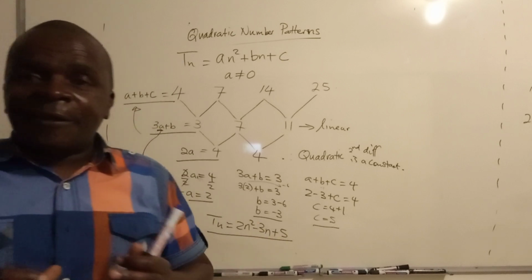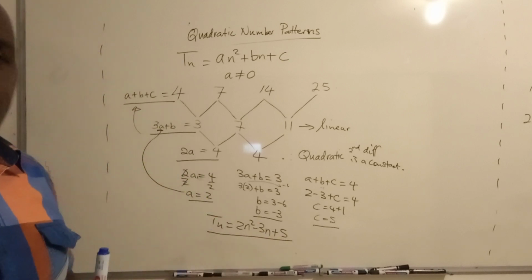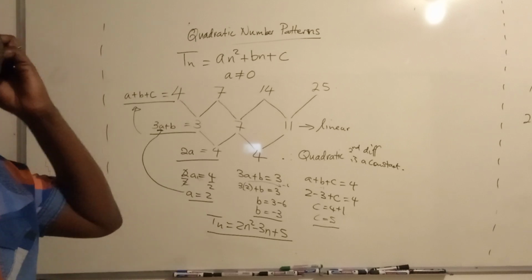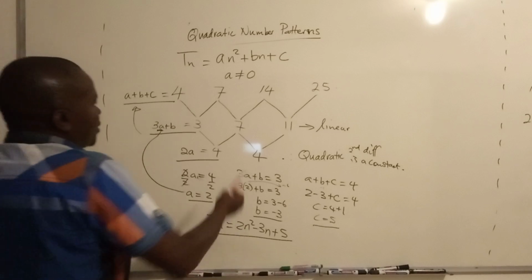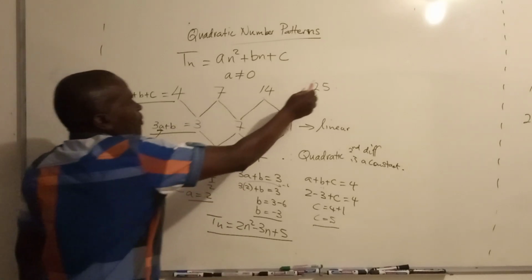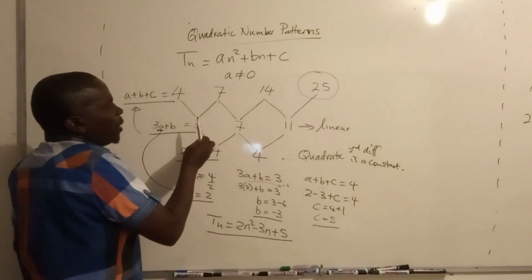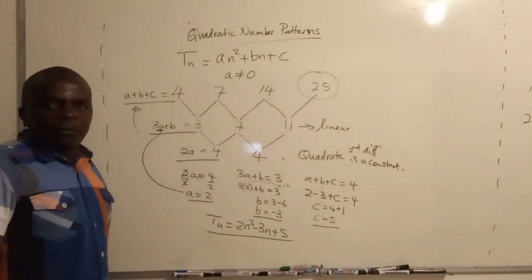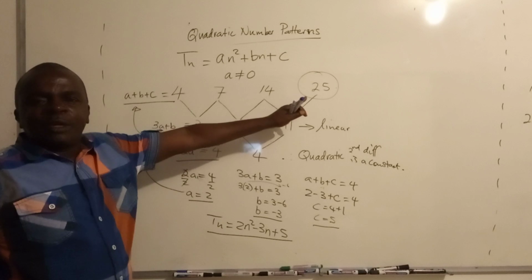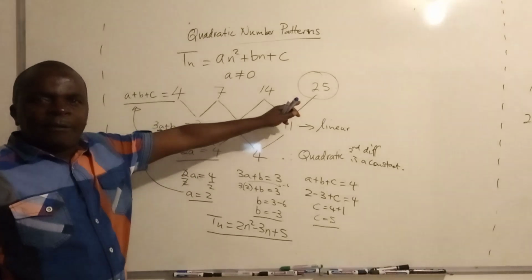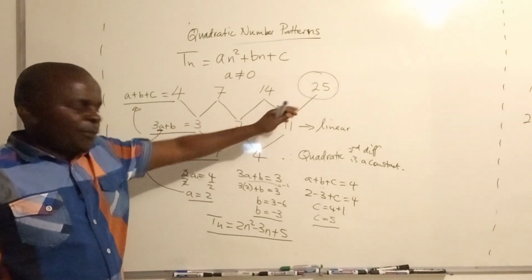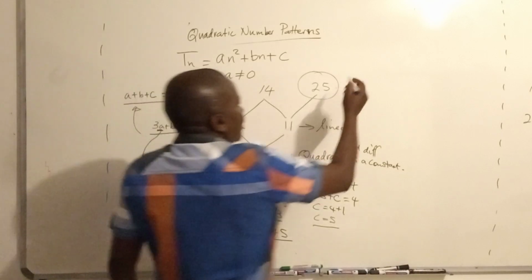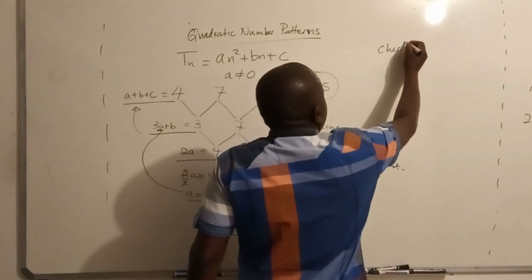Right? When you are practicing on your own, you must always check these answers. You don't necessarily need a memo to do that. What you do is you check your terms here. For example, this one is occupying position number 4. Supposing you don't know the number which is occupying position number 4, you then substitute a 4 here, just to check.